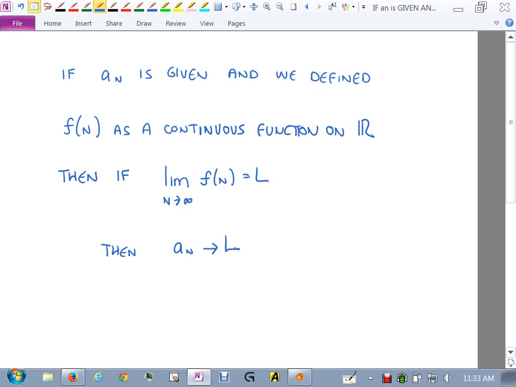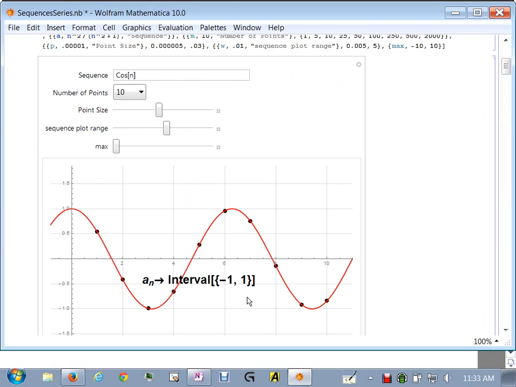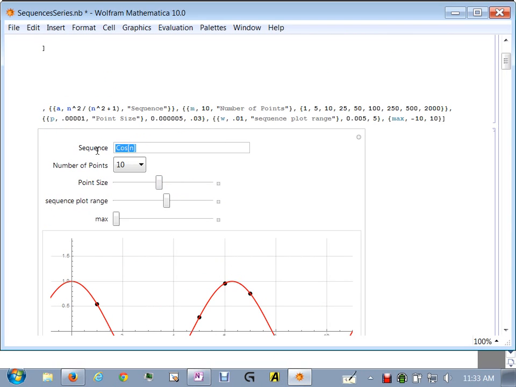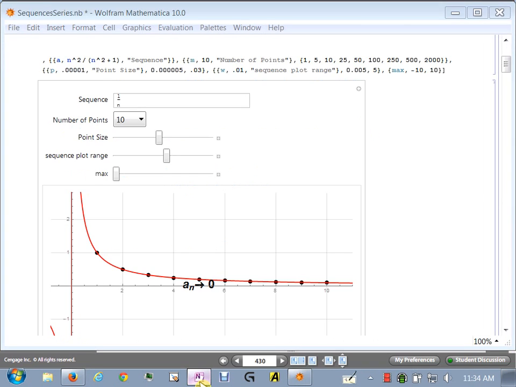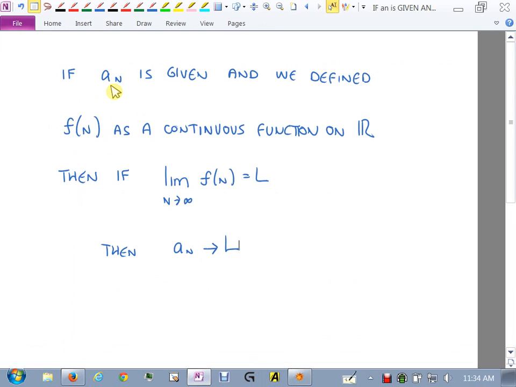All right, so I'm going to try and show this to you with an example, like a visual. Back here, change this to 1 over n again. We know that 1 over n converged to 0, right? What I just wrote down here is saying that if we're given a sequence, and instead of just looking at the dots, we look at that sequence as a function, but we now extend its domain from the positive integers to the real numbers, and that function has a limit, then that sequence must go to the same place.